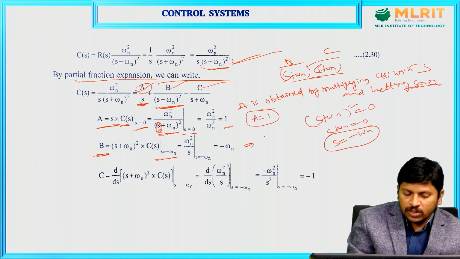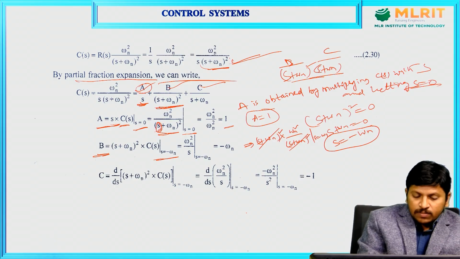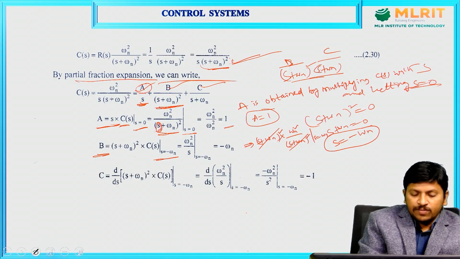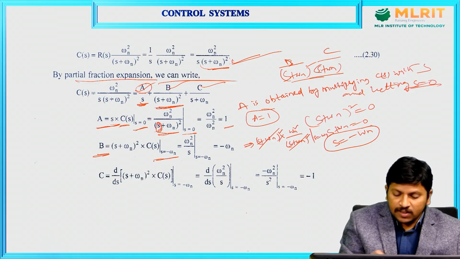Letting s equal minus omega n, just substitute minus omega n in place of s.